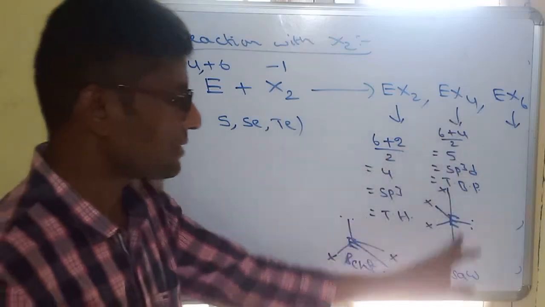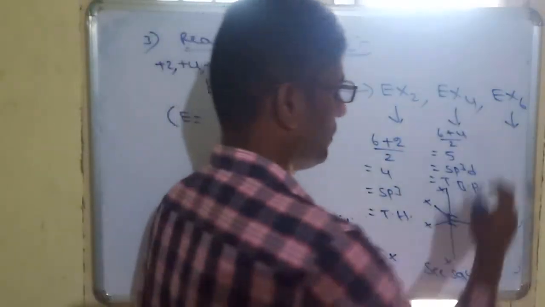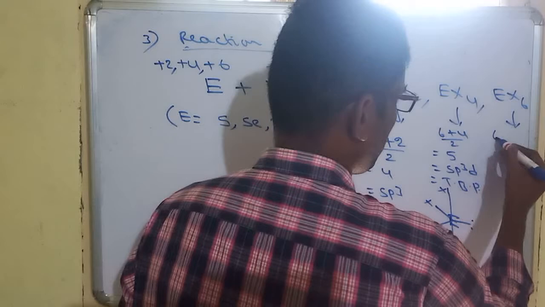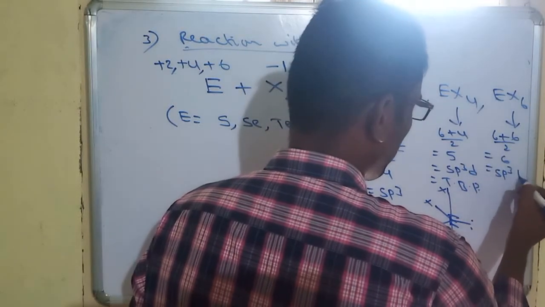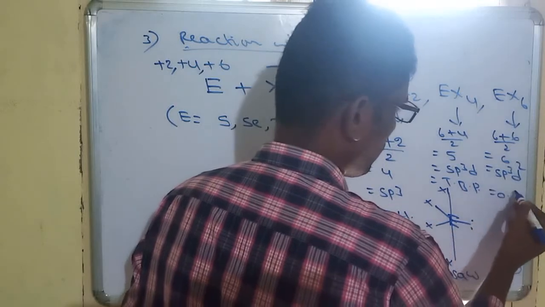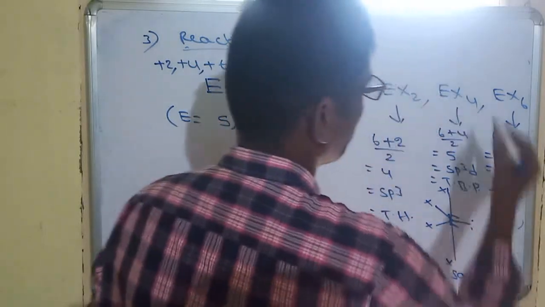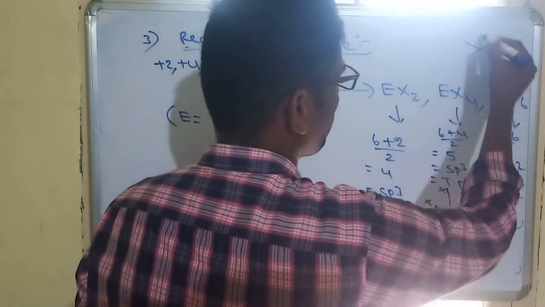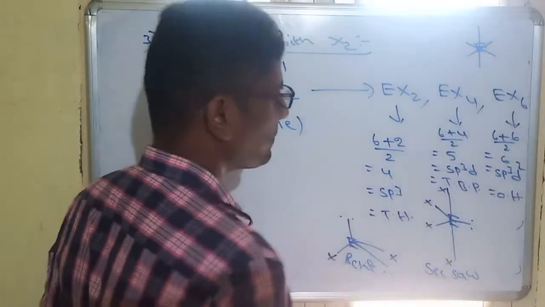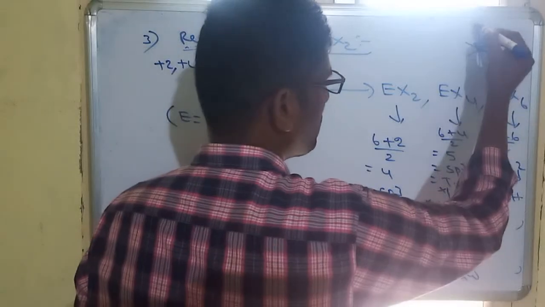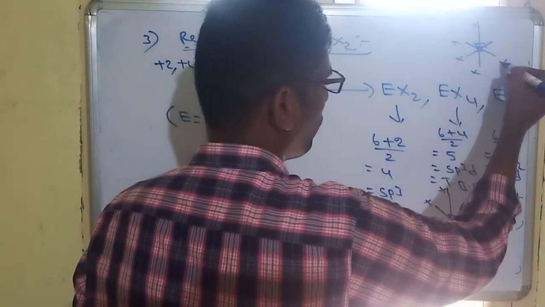So tetrahalides are seesaw shape, whereas for hexahalides, 6 plus 6 by 2, that is 6, sp3d2, octahedral. I am writing here. So this is the octahedral geometry. Central atom will be E. There are 6 halogens, 1, 2, 3, 4, 5, 6.